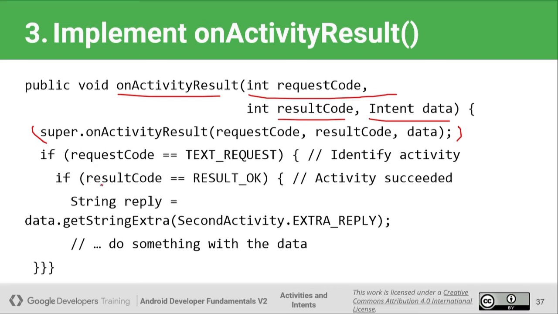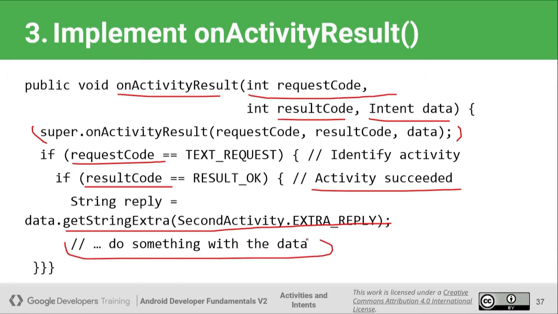This is the request code and this is the result code. If result code is equal to OK, this means the activity succeeded, and we are going to reply with some reply mechanisms. So we need to add some messages over here and get the reply done. Same method of acknowledgement.